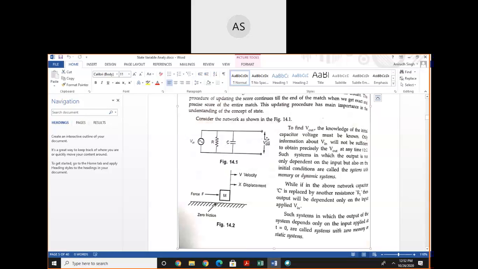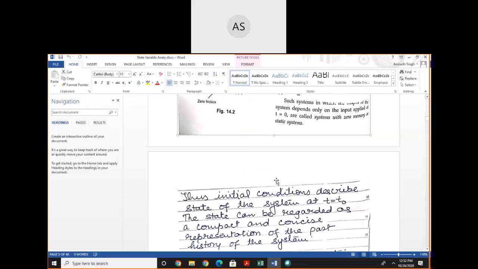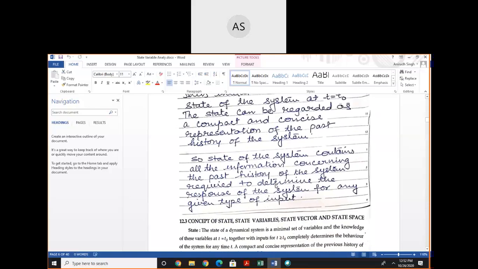Capacitor is an energy storage element, meaning there is some initial voltage across it. So we can say that in this case, output depends upon the input and initial states of the system, meaning initial values of the system.